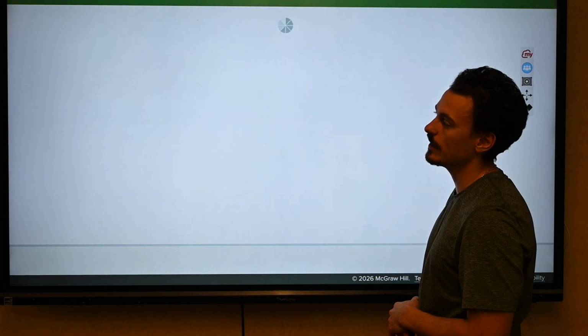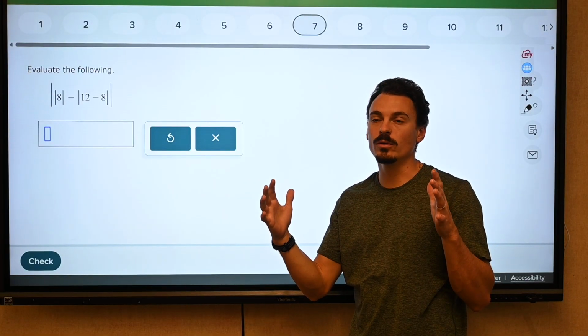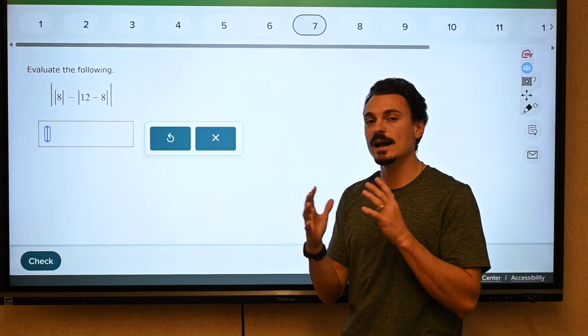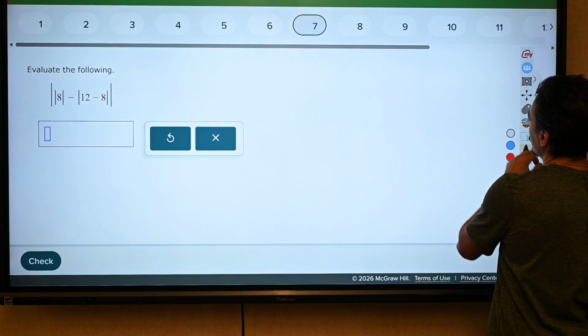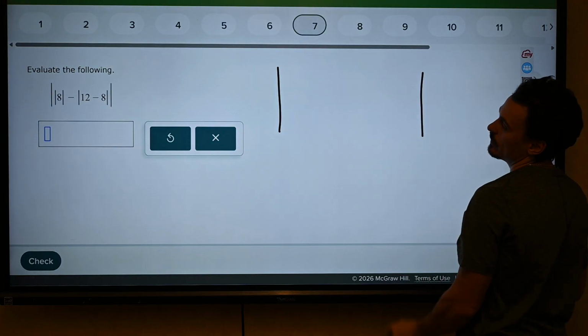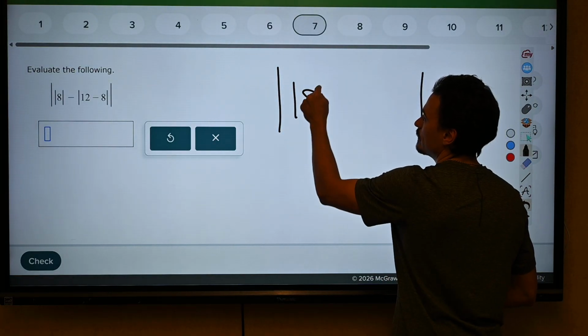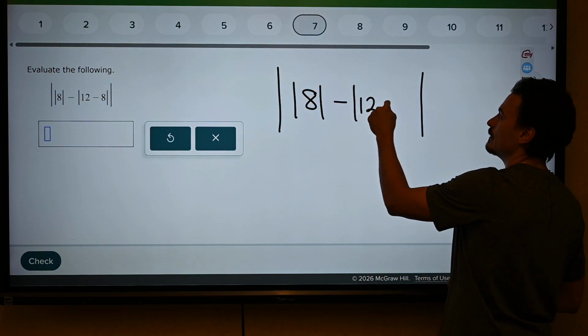Let's talk about number 7. Number 7 has an absolute value around the whole entire expression, and on the inside of that, there are 2 more absolute values. So you have to be able to see all the lines. There are big lines on the outside, and then there's the absolute value of 8 on the inside, minus the absolute value of 12 minus 8.